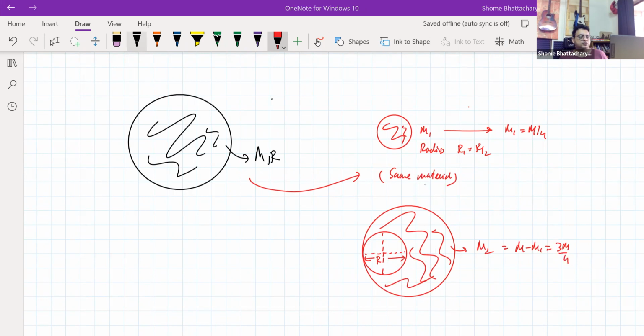is 3m by 4, because see, this has something called surface mass density, or mass per unit surface area, say sigma.